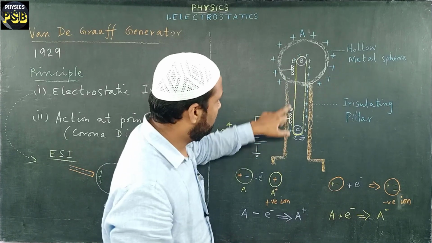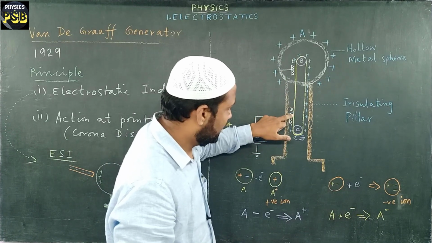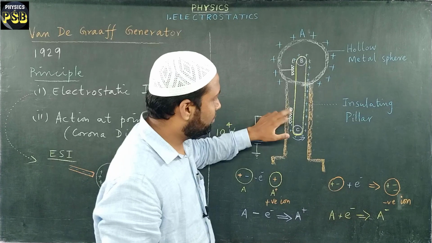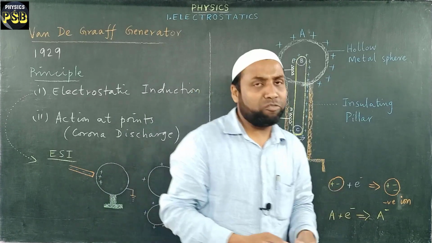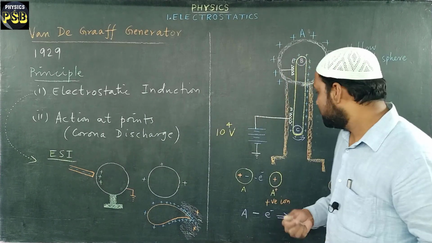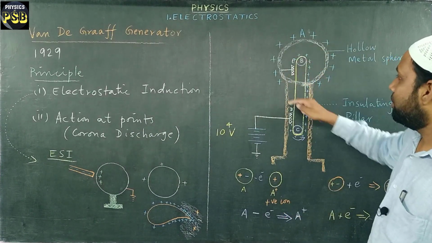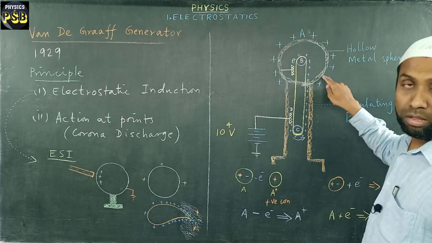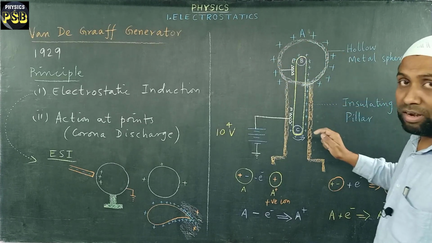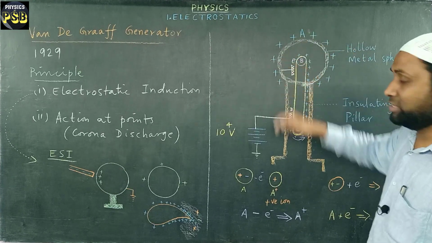Again, when the belt comes near to this end, that region of the belt starts getting positive charge, and the phenomenon repeats. So they move here, positive charges are supplied to the hollow metal sphere, and the number of charges increases there.